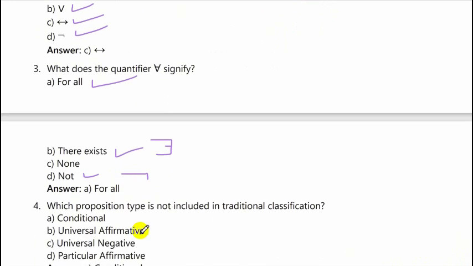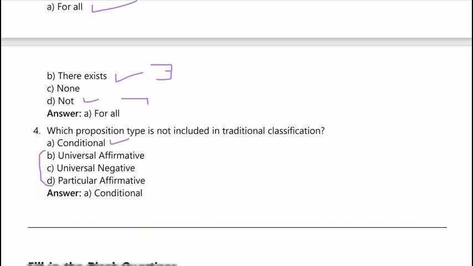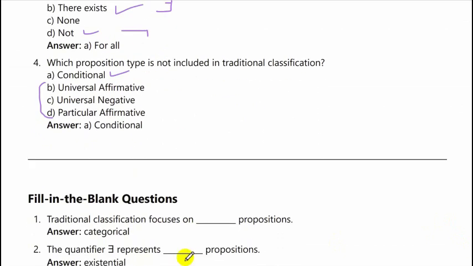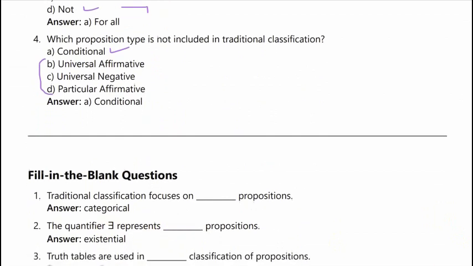Which proposition type is not included in traditional classification? Of course, conditional is not represented. All three are represented. Traditional classification focuses on categorical propositions. The quantifier represents existential proposition.